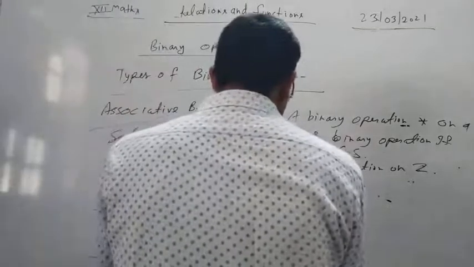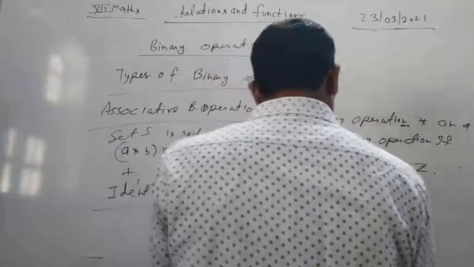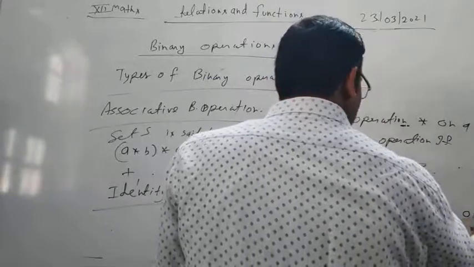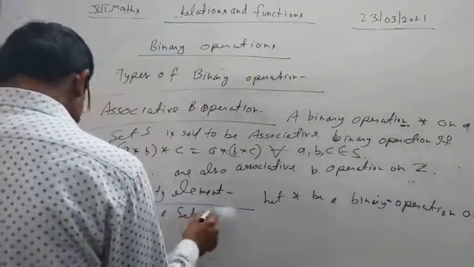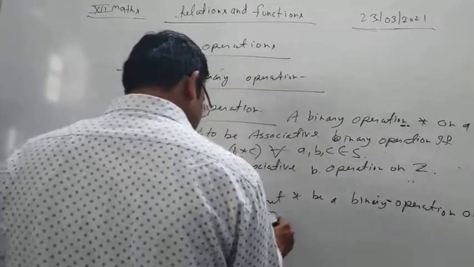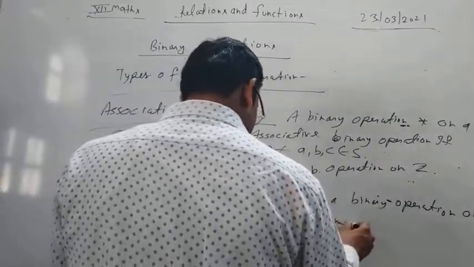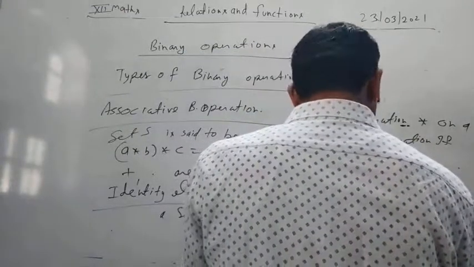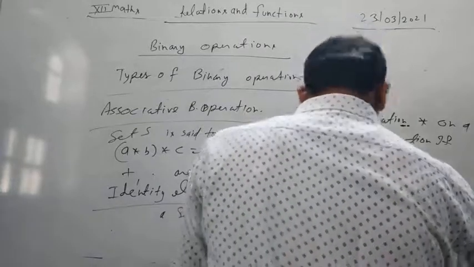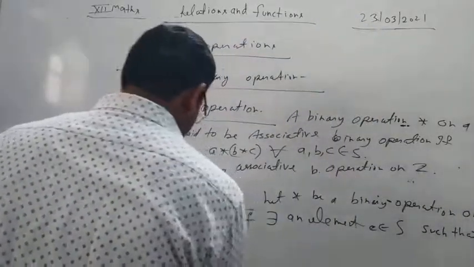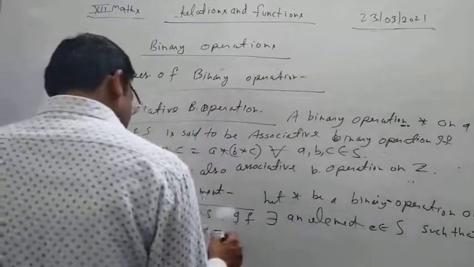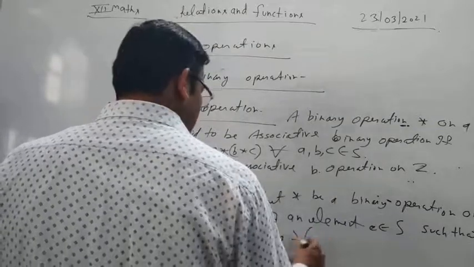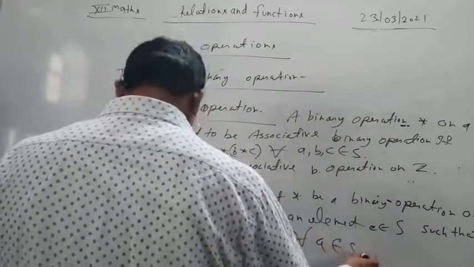So students, let star be a binary operation on a set S. If there exists an element E belong to S such that A star E is equal to E star A for all A belongs to S.